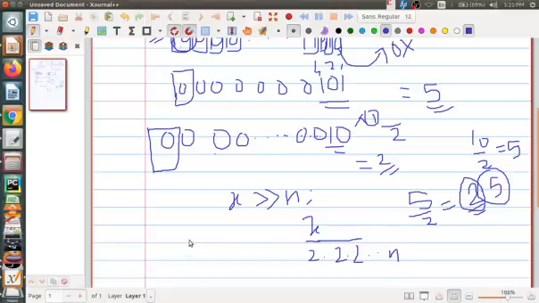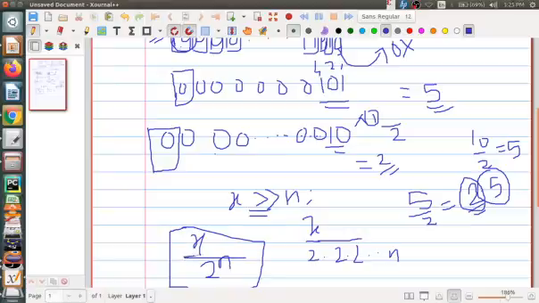So the new value will be x divided by 2 to the power n, whatever the integer value comes. You only need to know the logic, but you can directly tell it. So how many times I have divided, x divided by 2 to the n, this is our new integer value. So this is about left shift and right shift of a signed bit.